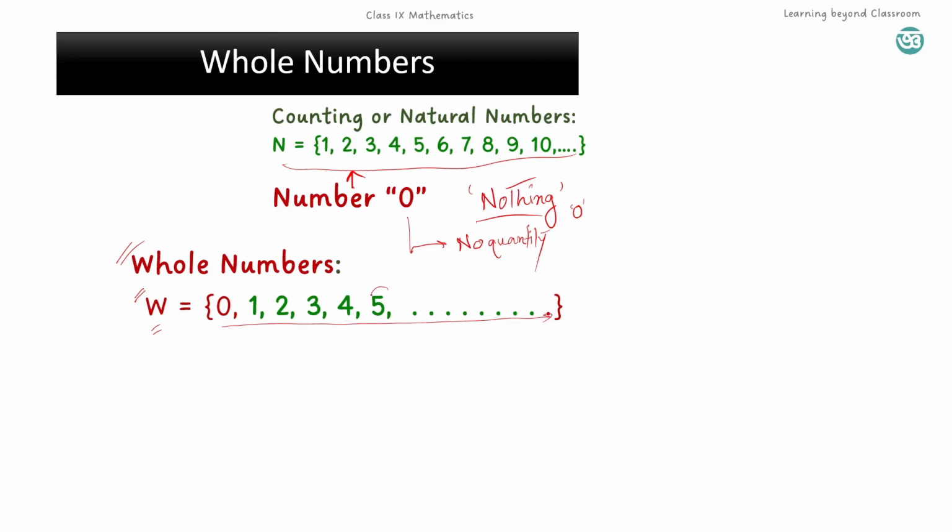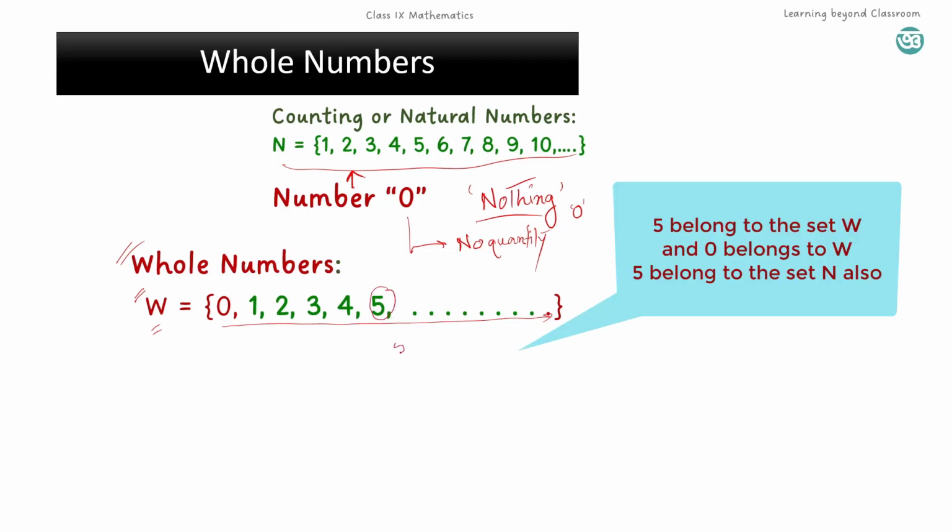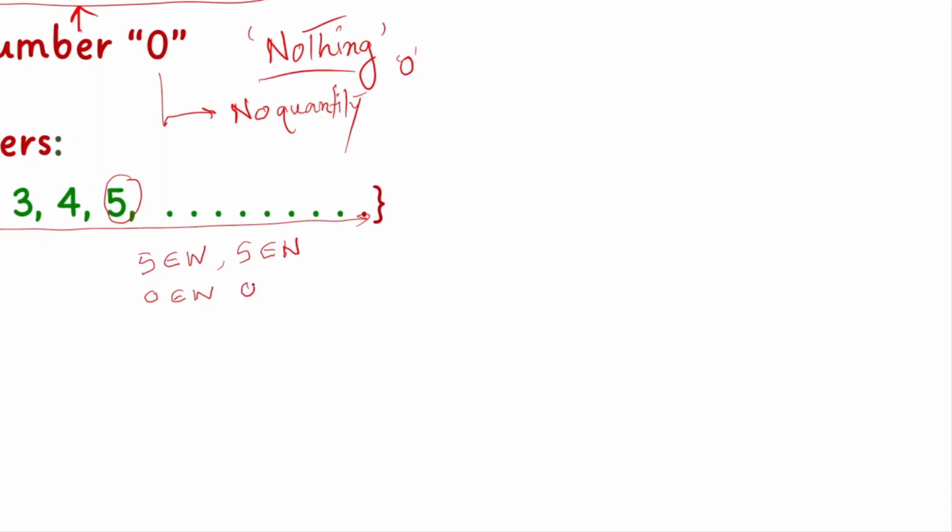Now you take any number, say 5. So 5 belongs to W. Now 0 belongs to W. That means 0 is a whole number, 5 is a whole number. Now 5 belongs to N. That means 5 is a natural number, and 0 does not belong to N because 0 is not a natural number.